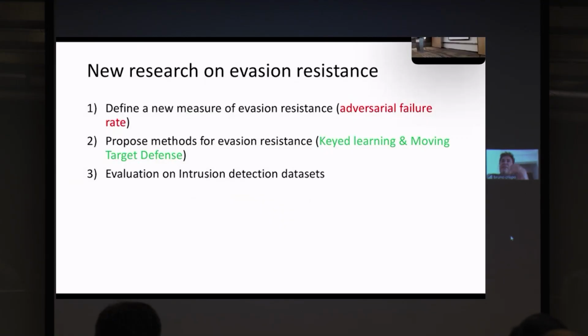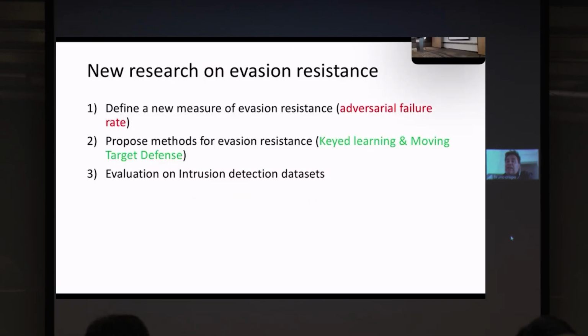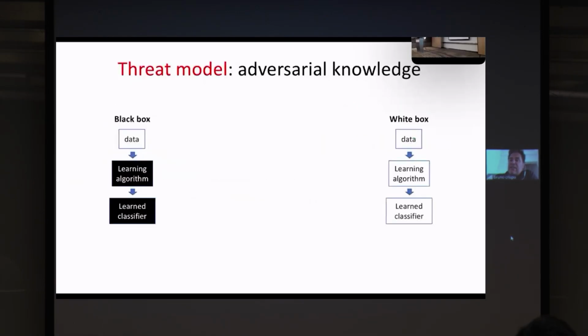We evaluated the techniques that we introduced with some real intrusion detection data sets, and they seem to outperform the existing techniques for mitigating evasion attacks. But let's start with the metric, and let me first recall the threat model we assume here.